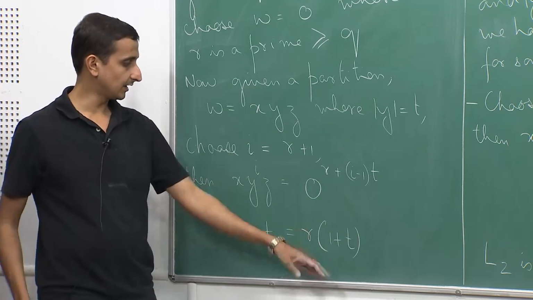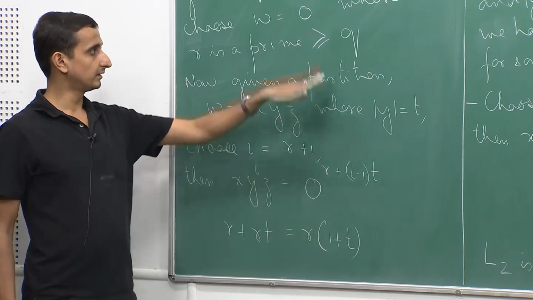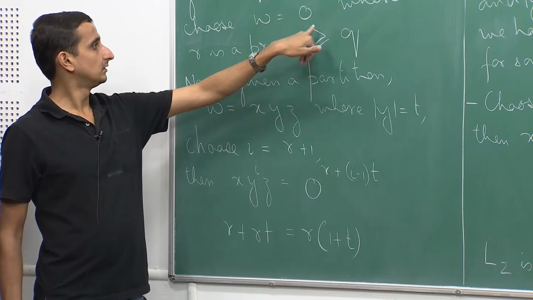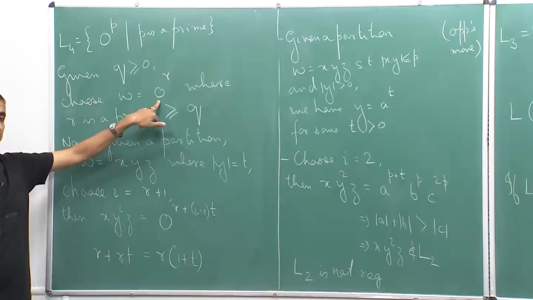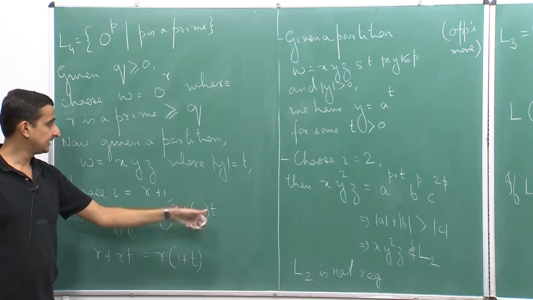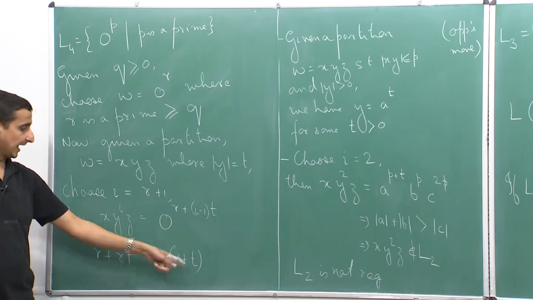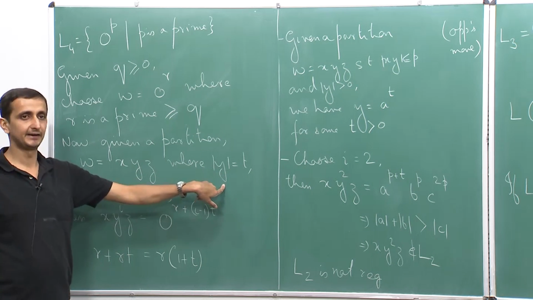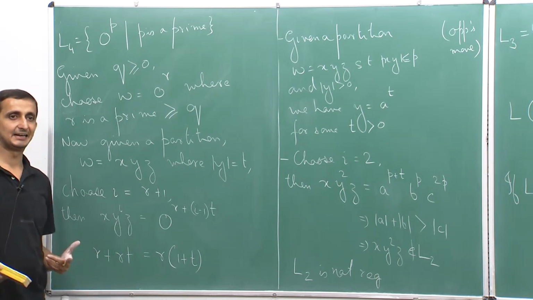Now, what are r and 1 plus t? r is a prime number that is at least q, which means that r is at least 2, since 2 is the first prime. And t is at least 1, because t is the length of y, which is strictly greater than 0, which means 1 plus t is at least 2.